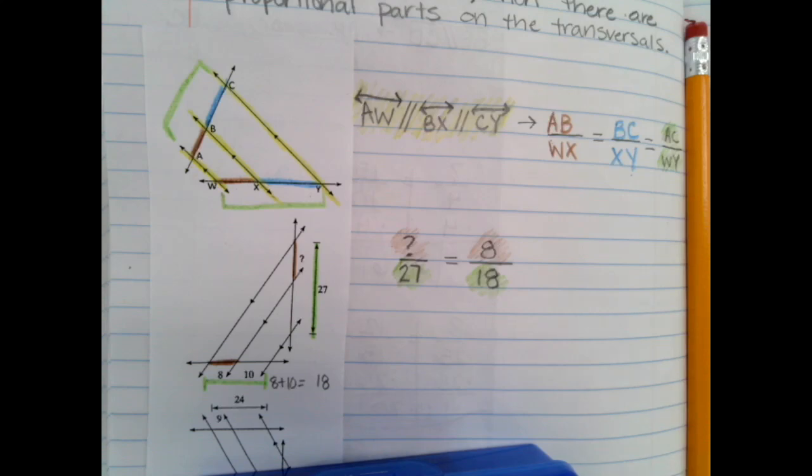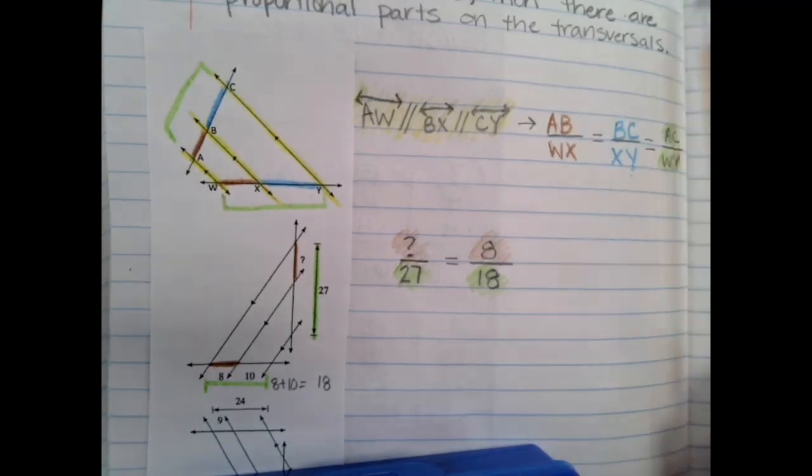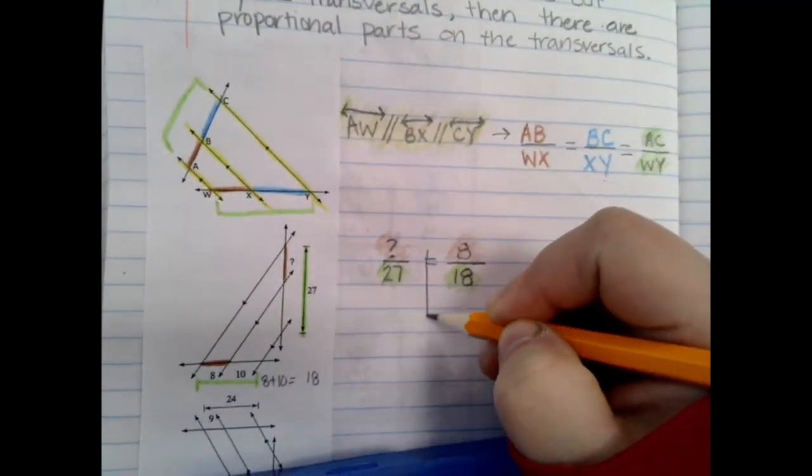All right, so then as we solve it, we're trying to get the question mark by itself. So I'm going to get rid of that 27. How would I undo that 27 that's with the question mark?